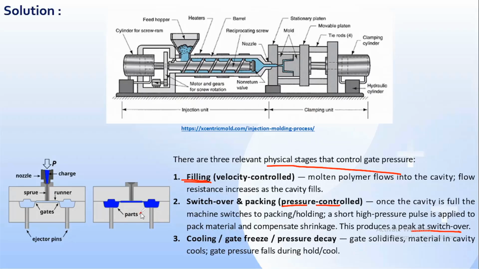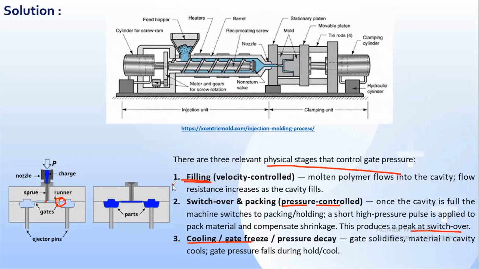This produces a peak at switchover. And third one is cooling. At cooling, the material in the cavity gets cool and solidified, and so the gate pressure in the third physical stage falls during hold or cooling.